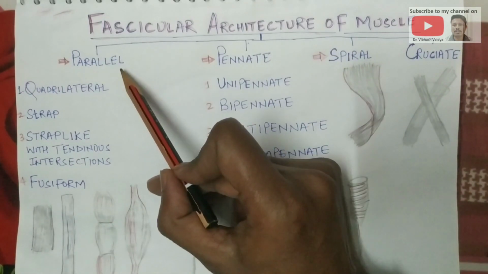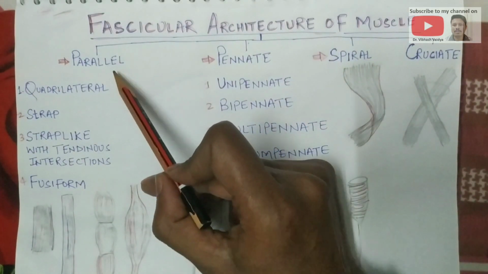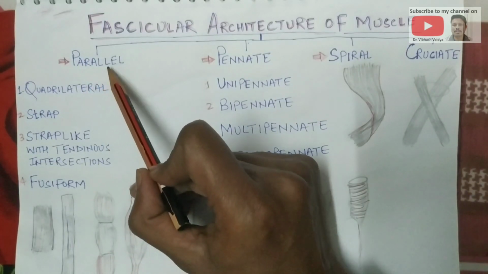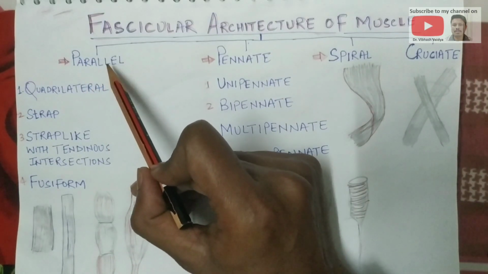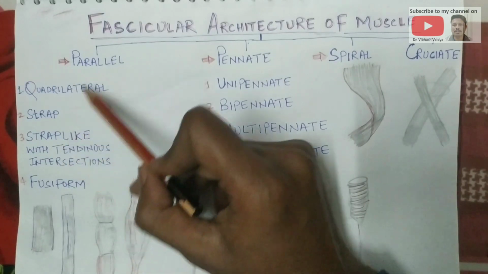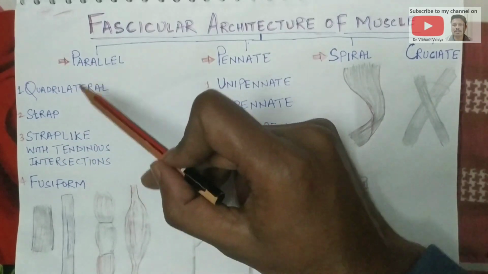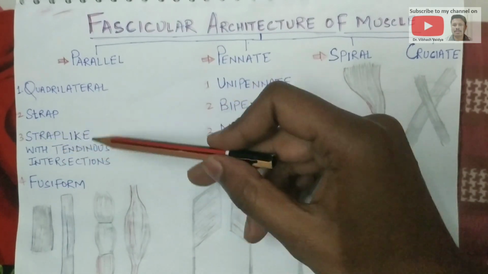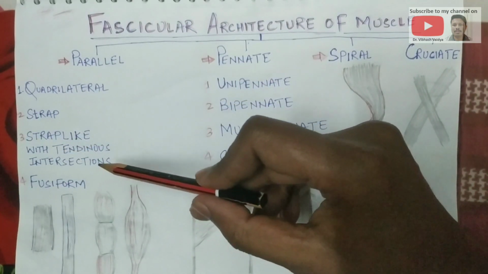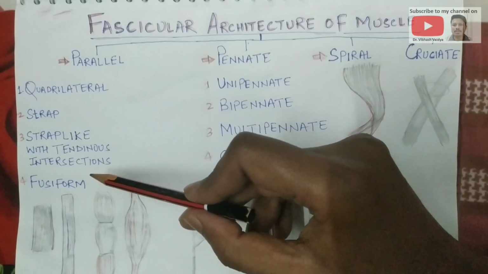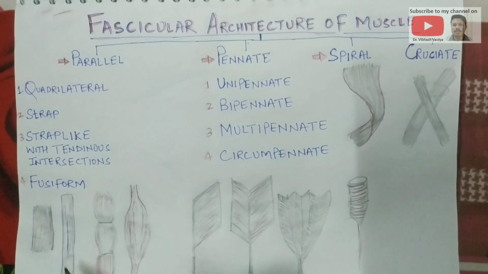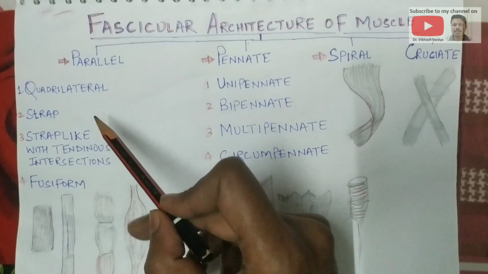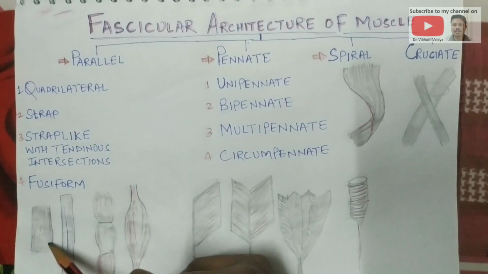First we'll discuss the parallel muscles. As the name indicates, the fibers or fasciculi of these muscles are arranged parallel to the direction of force. The fibers of the parallel muscles are few, and they are parallel to the line of pull. Here you can appreciate four types of parallel muscles. First, the quadrilateral muscles.